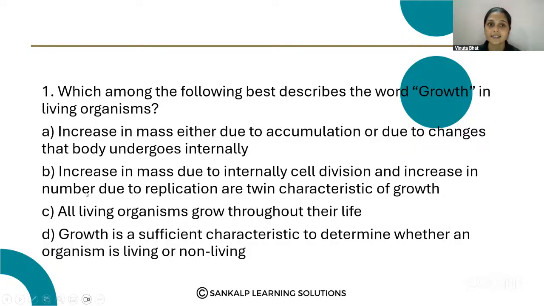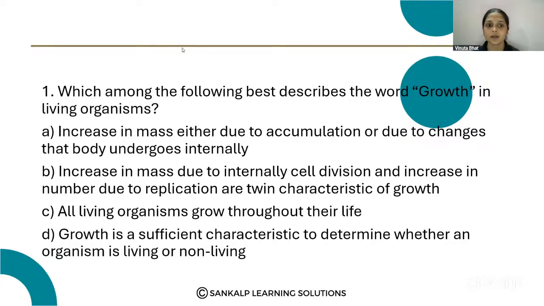Option A is increase in mass either due to accumulation or due to the change that body undergoes internally. Option B is increase in mass due to internally cell division and increase in number due to replication are twin characteristics of growth.